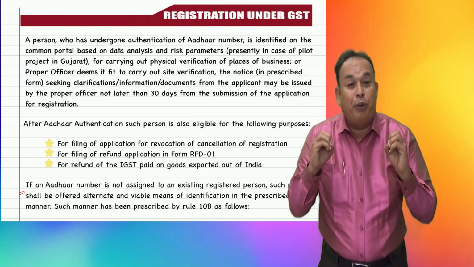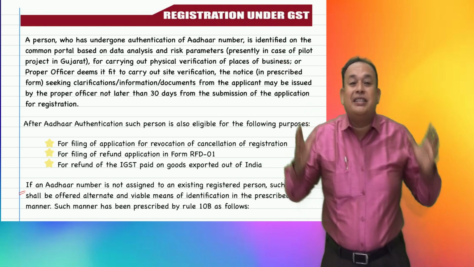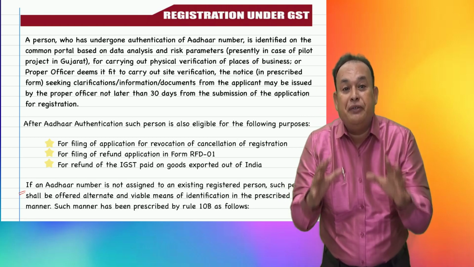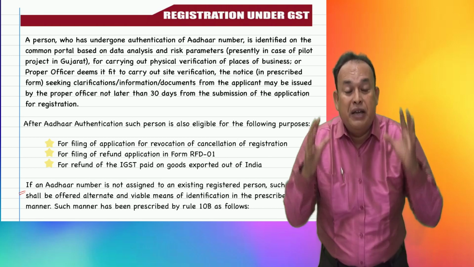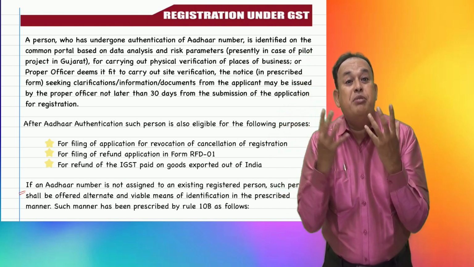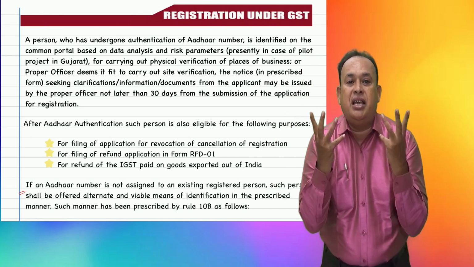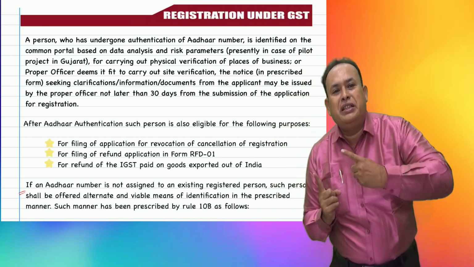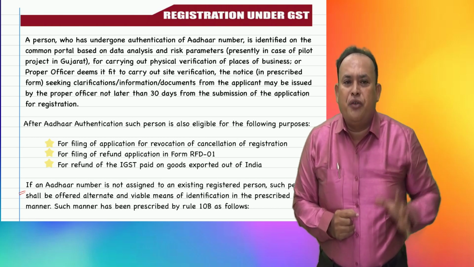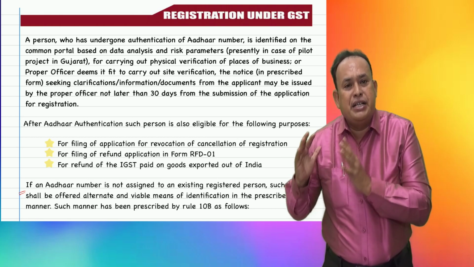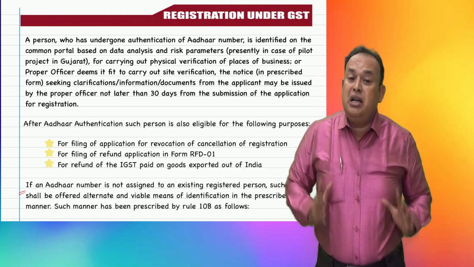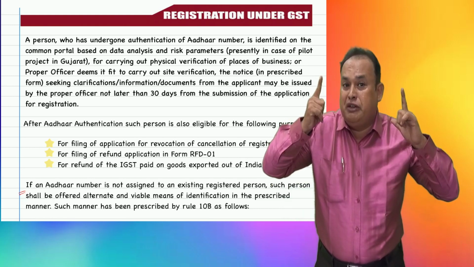Therefore, on pilot scheme basis, only in the state of Gujarat, physical verification of the premises of the applicant has been introduced, where the person authenticates the Aadhaar whose database shows a risky status. Then be careful with him, and after thorough verification of his premises, his nature of business and his existence, once you are satisfied, then only you proceed to grant the certificate of registration.